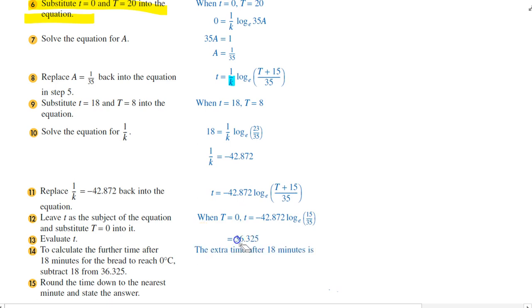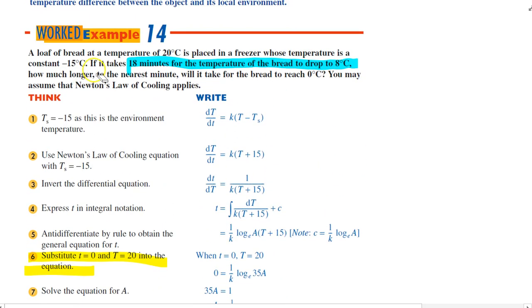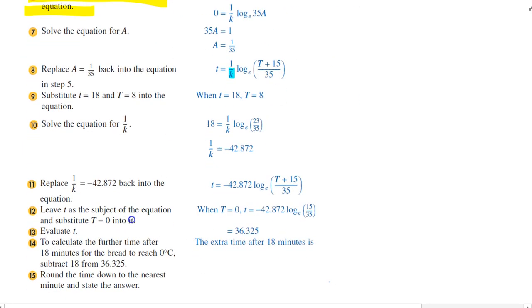And we get 36.325. But you need to be careful because it says after 18 minutes, the temperature of the bread drops to 8 degrees. How much longer to the nearest minute? So I've subbed it in, I've gotten 36, but the answer to how much longer is 36.325 minus 18, which is 18.